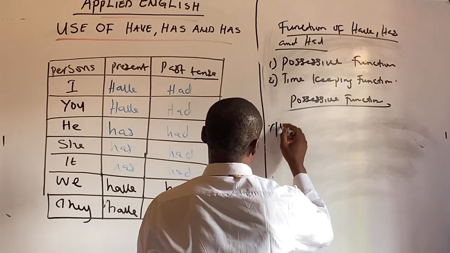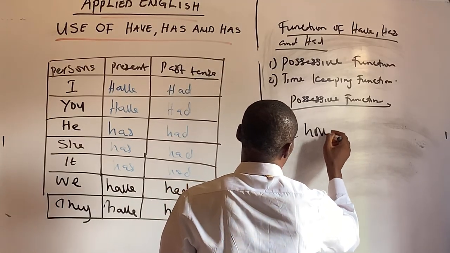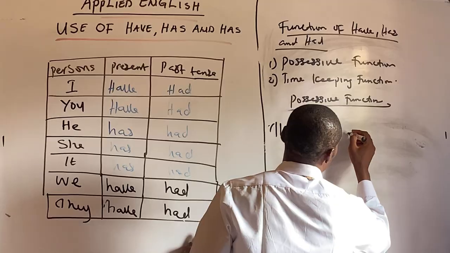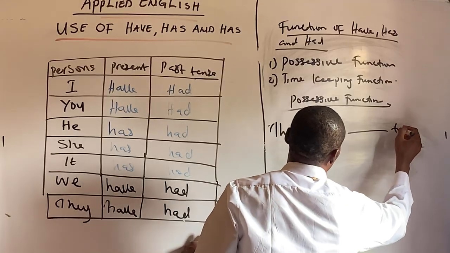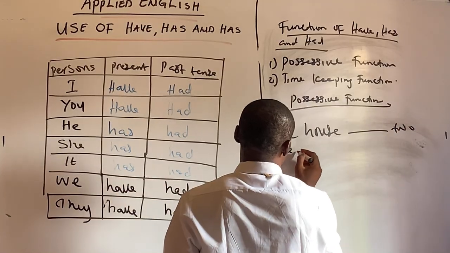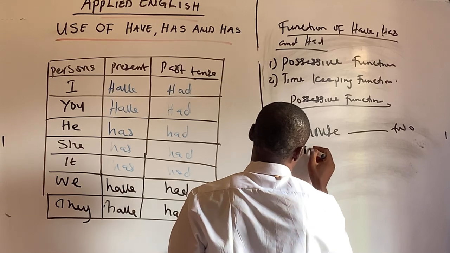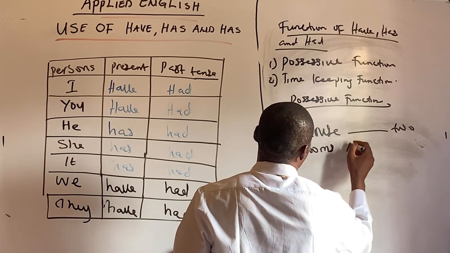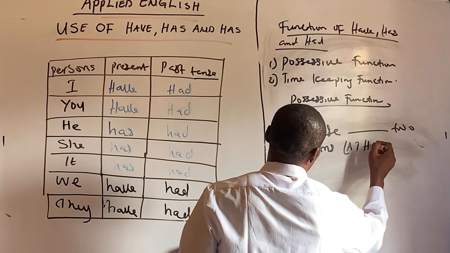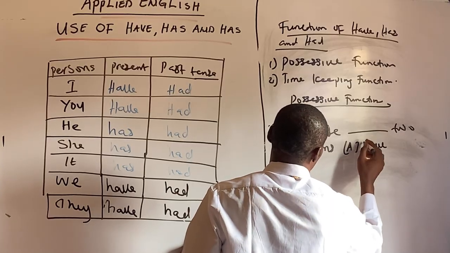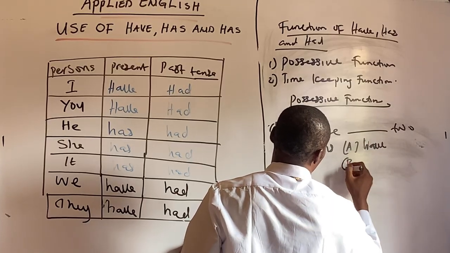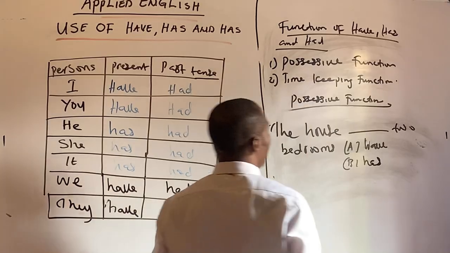The house dash 2 bedrooms. Have or has? What's the answer?